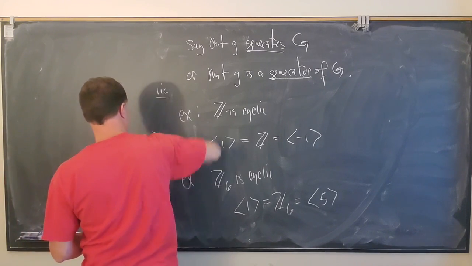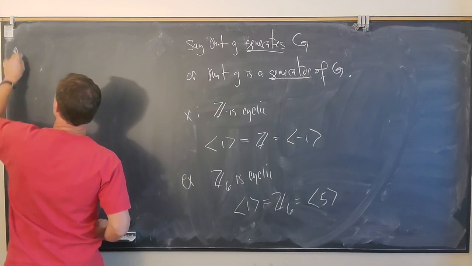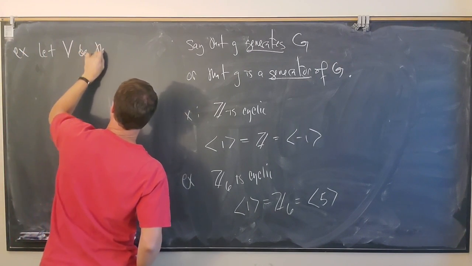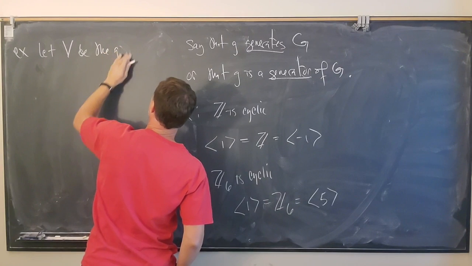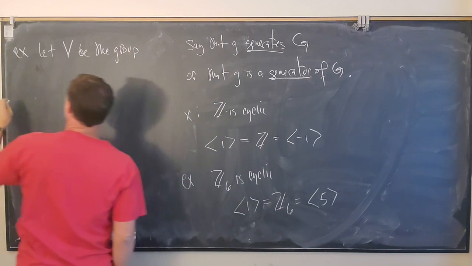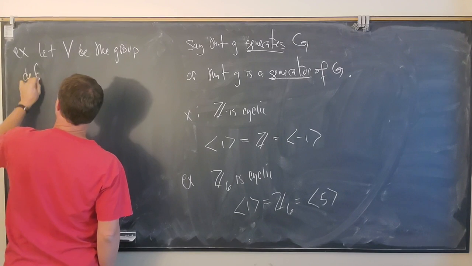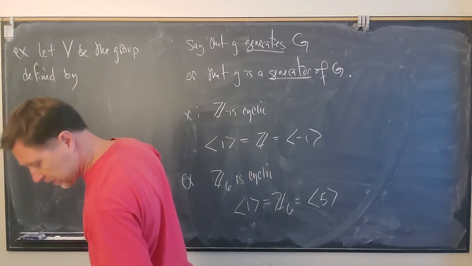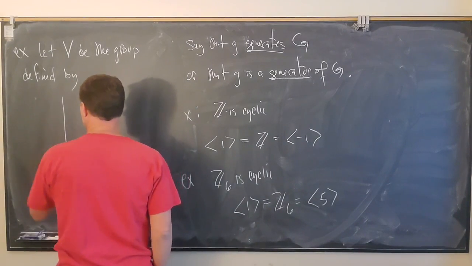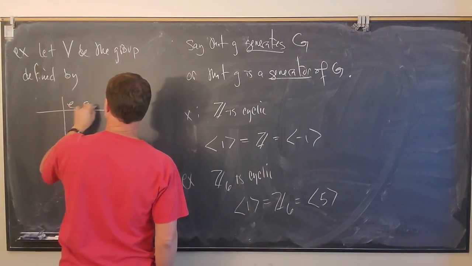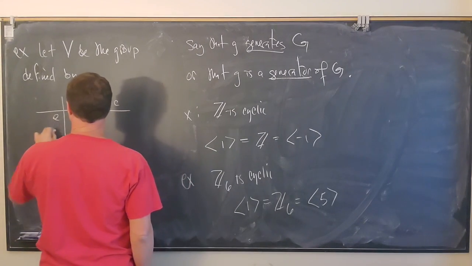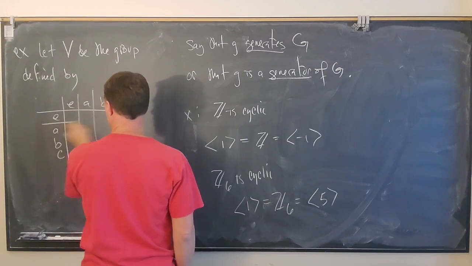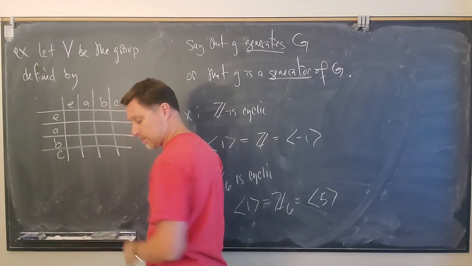So let's see, another example that I want to look at. Let V be the group defined by, and I'm going to write down the table for this one. I'll just use the elements E, A, B, and C. This is a group with 4 elements.